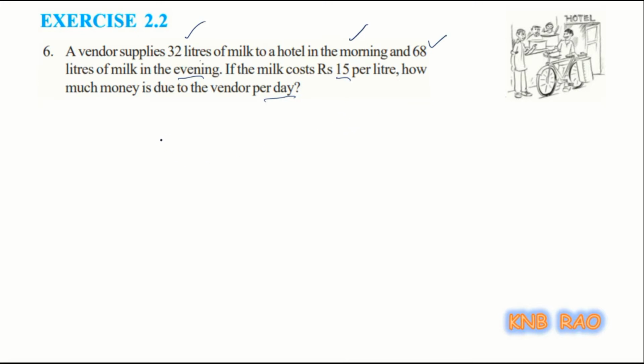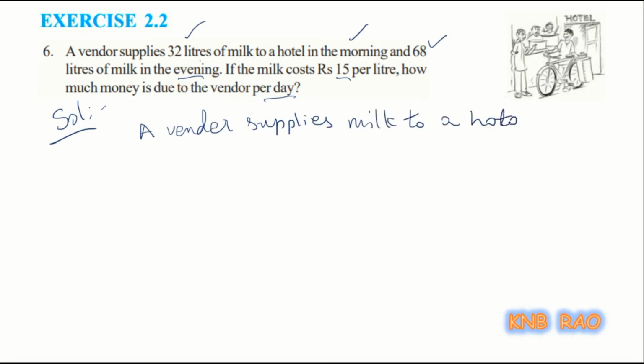This is such an oral question, but the thing is, here you are using the distributive property. How you are using distributive property? Let us see. Here, a vendor supplies milk to a hotel in a day.